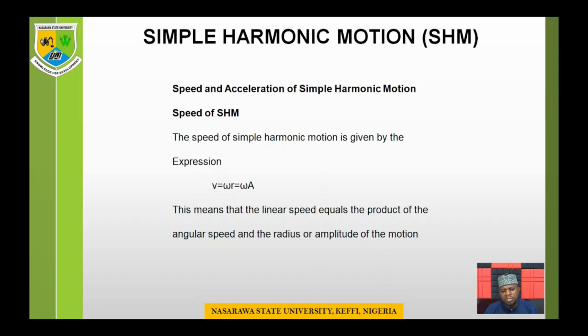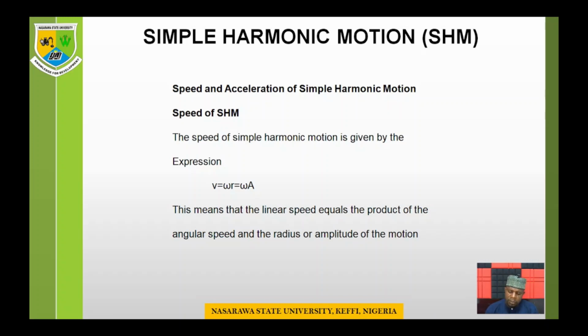In this case, speed of a simple harmonic motion is given by the expression v = ωr, where r is a lowercase r, and it is also given as ωa. r is simply radius, but in this case the radius is the amplitude of the motion, so r is the same thing as a. This means that the linear speed equals the product of the angular speed and the radius or amplitude of the motion.